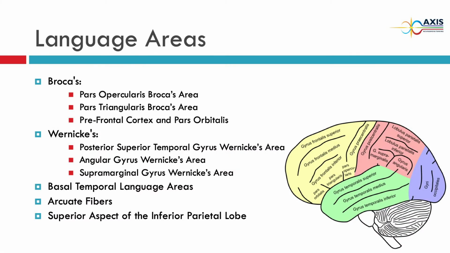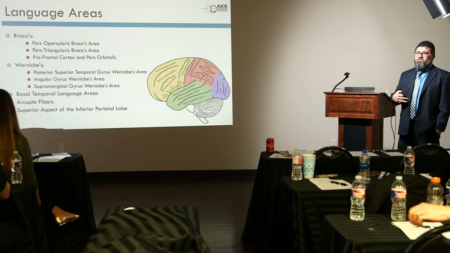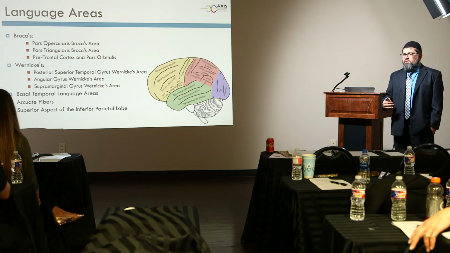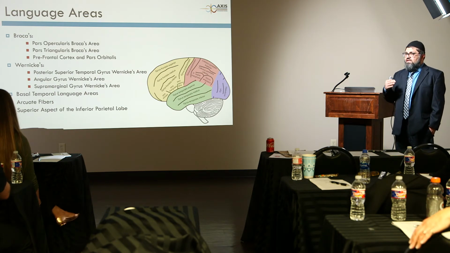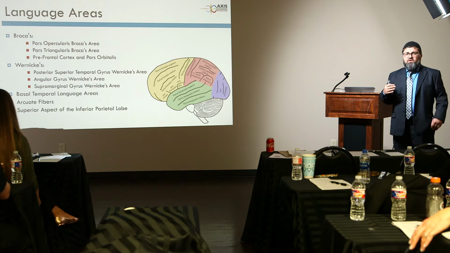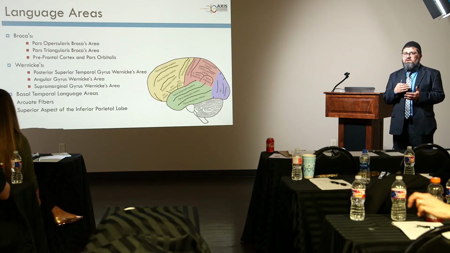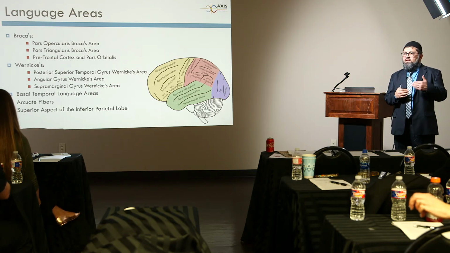Going to the language area, there are two language areas, Broca's and Wernicke's. Broca's area is more anterior, closer to the motor area, and Wernicke's is more posterior. Broca's area has 3 sub-areas. When we do language mapping, we go and talk to the patient in the preoperative area. We take a baseline with this patient, because if a patient has a deficiency in one thing, we cannot test it in the OR.